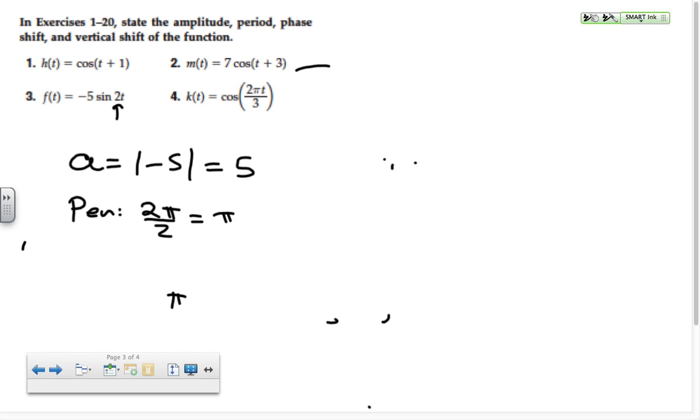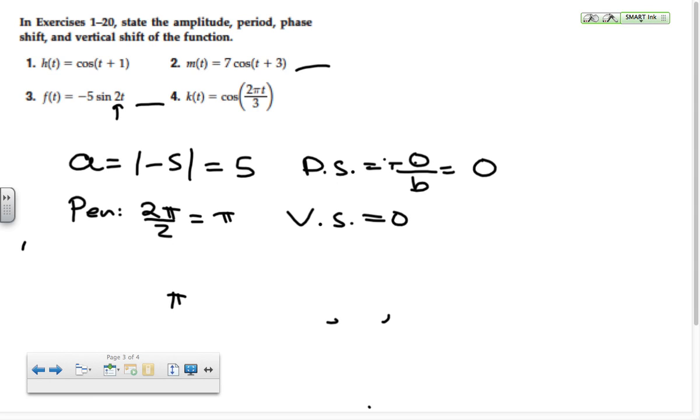Okay, and then my phase shift is negative c over b. C is 0, so negative 0 over b, so it's going to be 0. All right, and then my vertical shift, you'll notice there is no d, so it is 0.